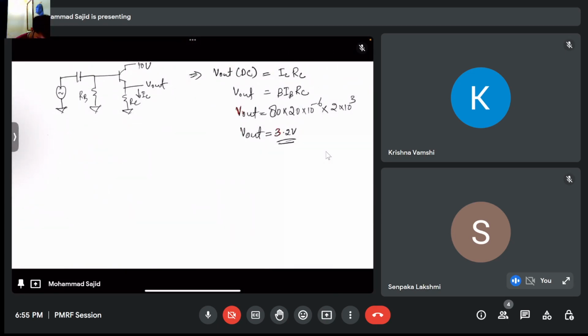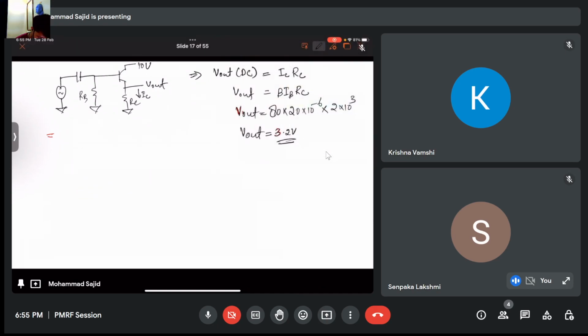We know the supply voltage is equivalent to 10 volt, right? Supply voltage, that is here VE, equal to 10 volt.